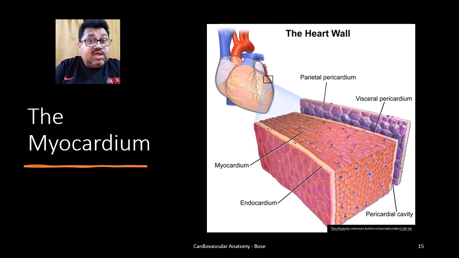One of them is the mechanical cell, which contributes to the mechanical contraction of the muscle. And the second type of cell is called a conductive cell, which contributes to the flow of electrical current through the muscle.